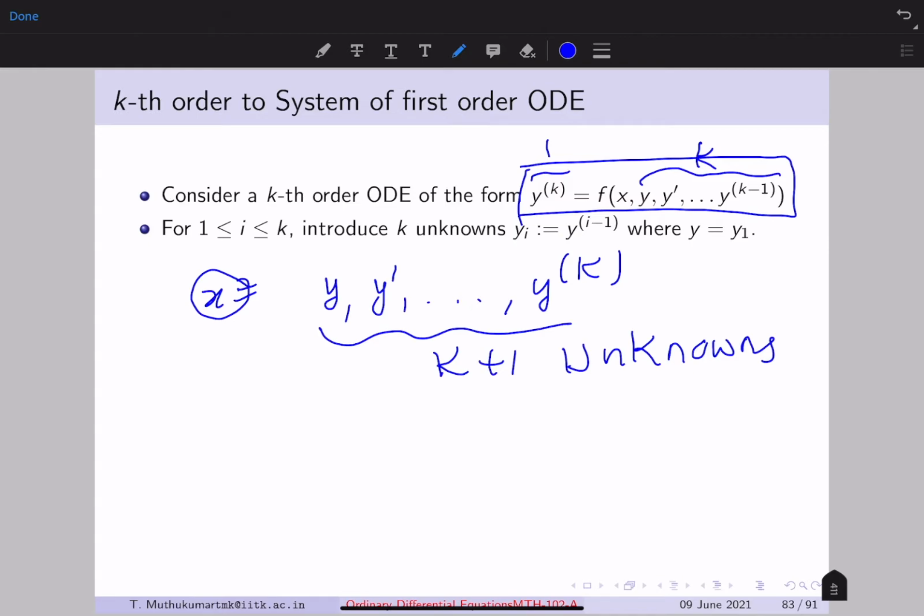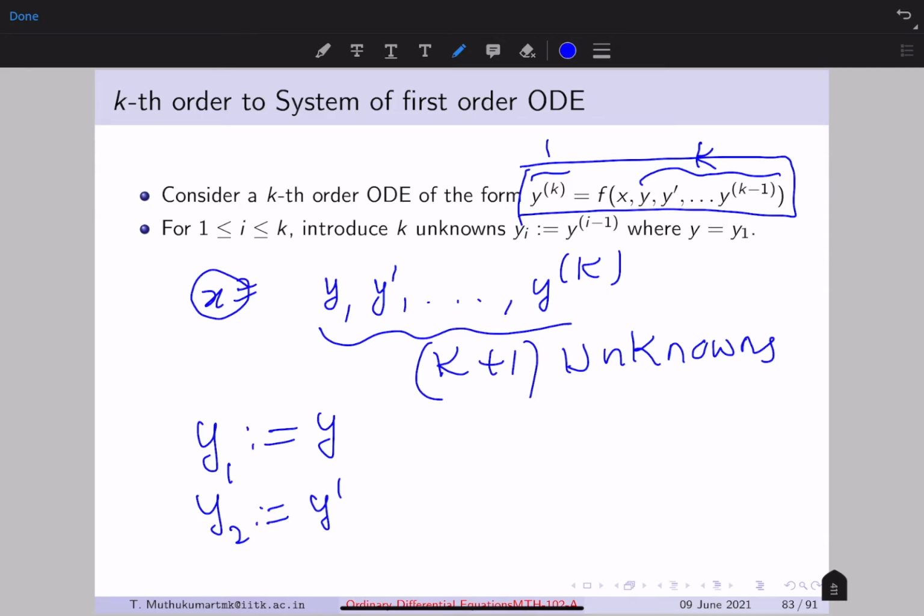So the idea is that you introduce, y is your unknown, so you call y as y1, for simplicity now. Then what is y2? You introduce y2 as y prime, and so on.